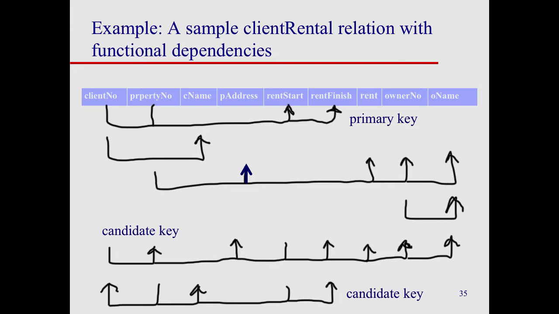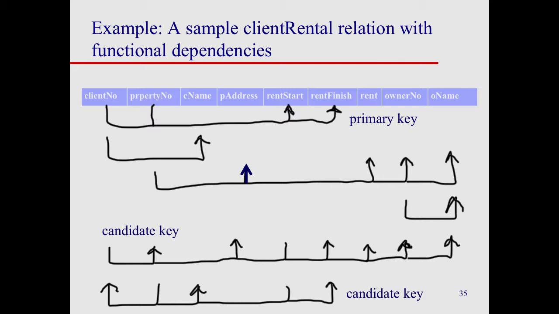But I would not have ended up with the same second normal form relations. So let's say I chose this candidate key, client number and rent start, as the primary key.